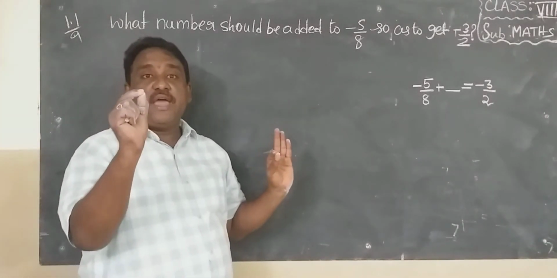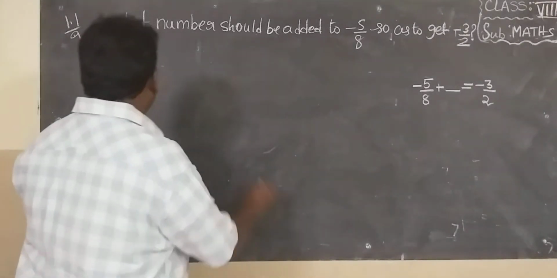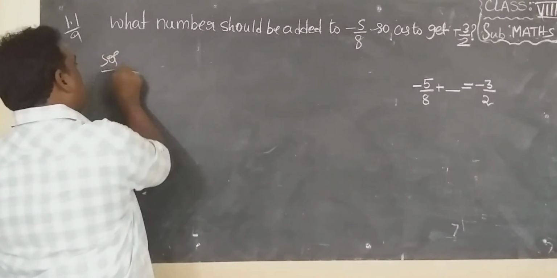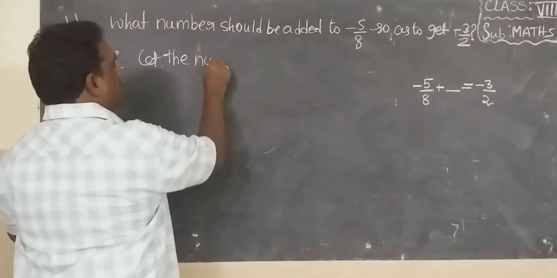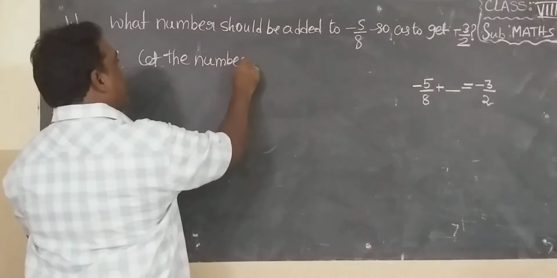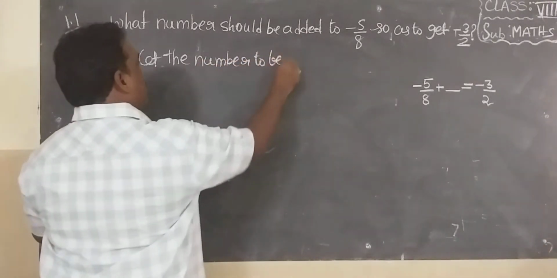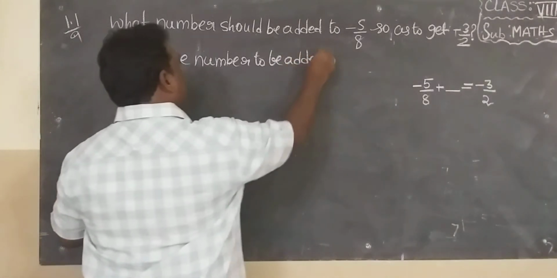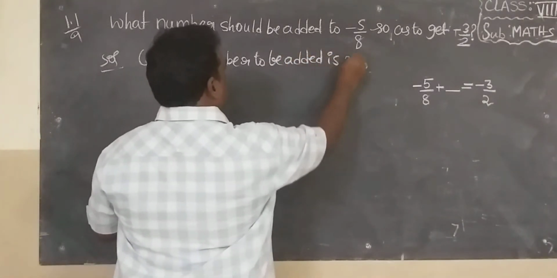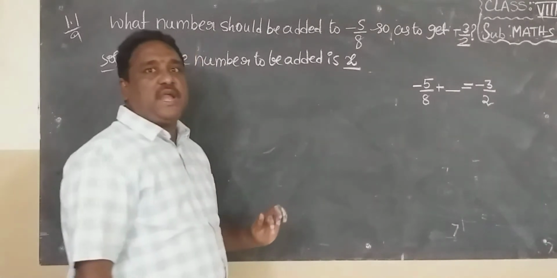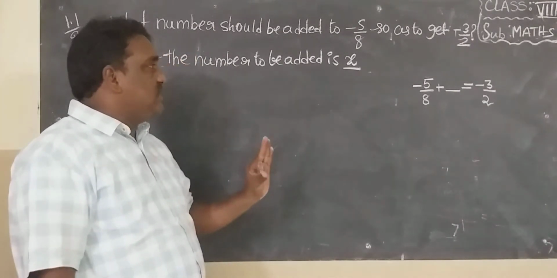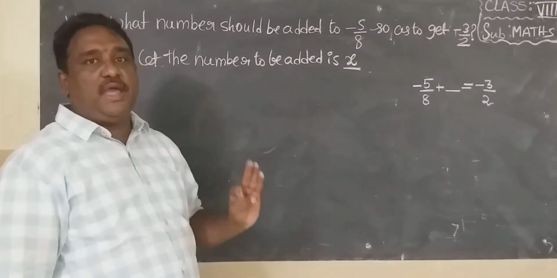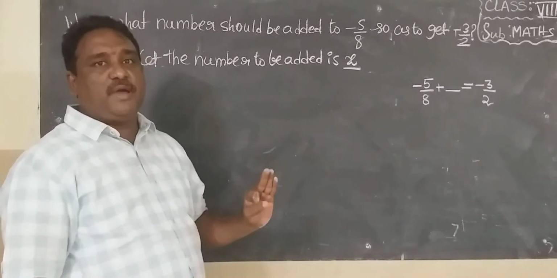Okay na? Then what is our assumption? X is the assumption. Let the number to be added be x. By adding x to minus 5 by 8, we get minus 3 by 2.